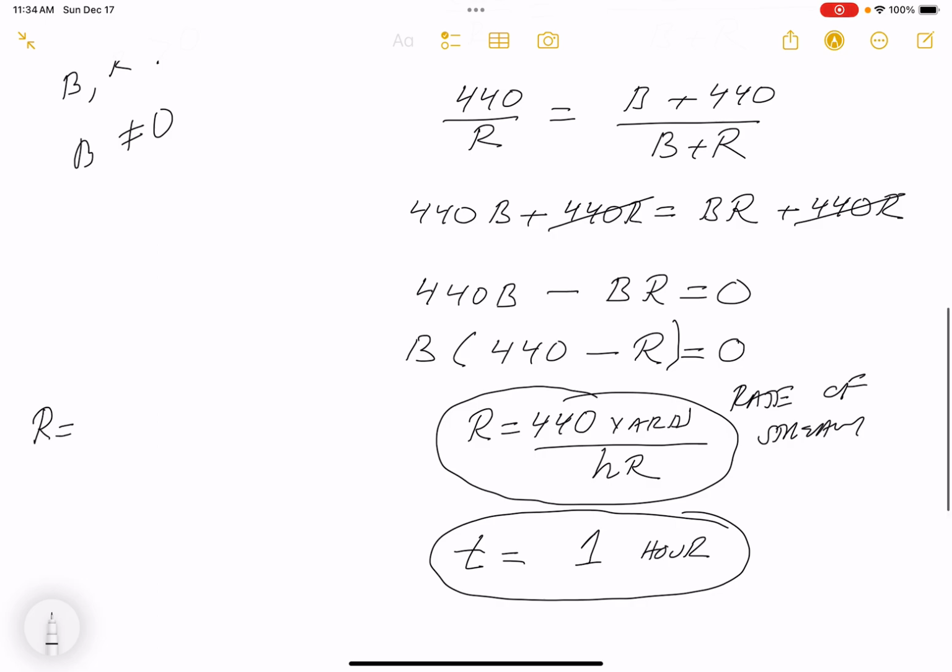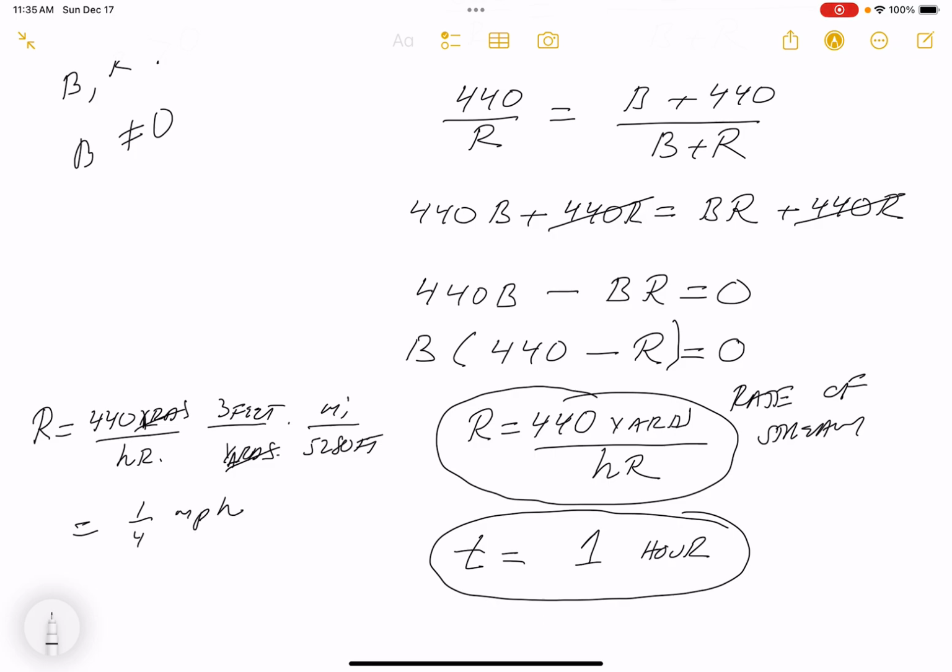The rate of 440 yards per hour: there's 3 feet in every yard. Yards are canceling off. And there's 5,280 feet in every mile. If you do the arithmetic, it's a 1/4 mile per hour.